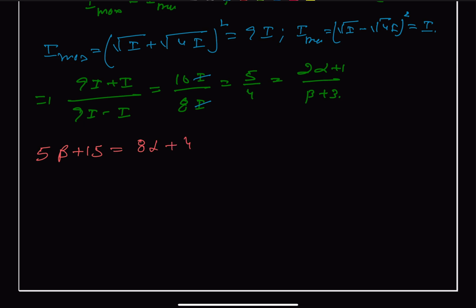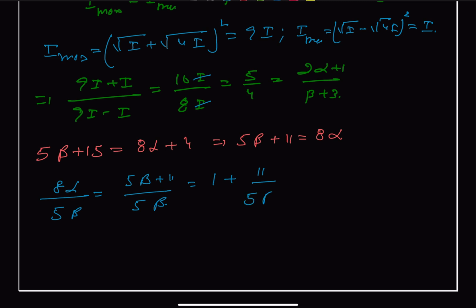And this can be written as 5 beta plus 11 is equal to 8 alpha, and we can sort it out and write this as 8 alpha divided by 5 beta will be equal to 5 beta plus 11 divided by 5 beta, which can be written as 1 plus 11 divided by 5 beta.